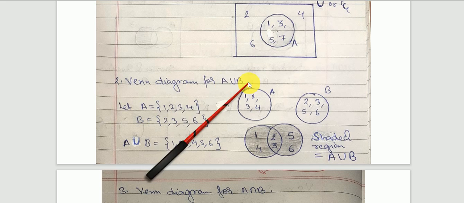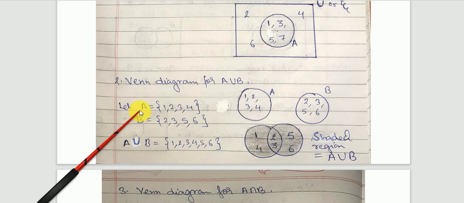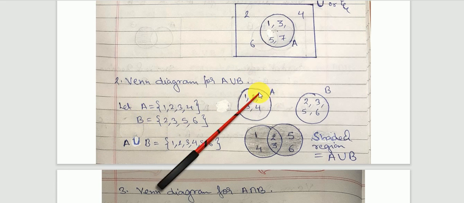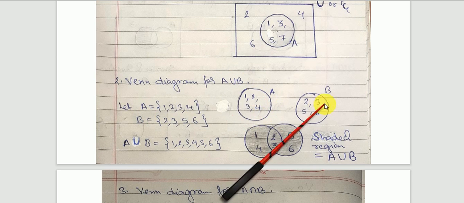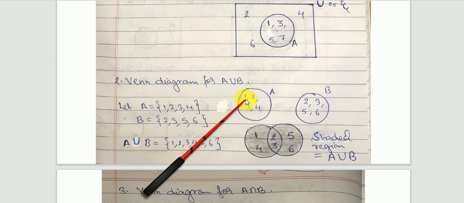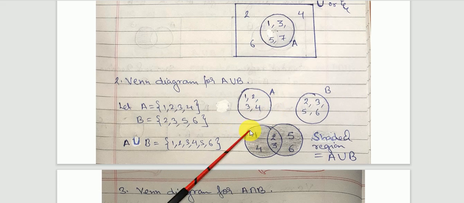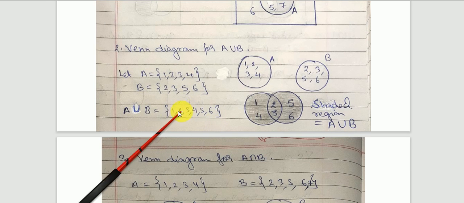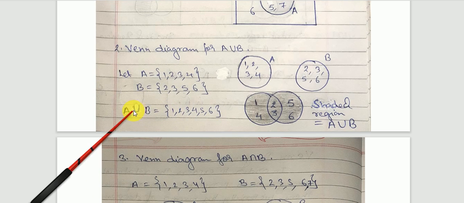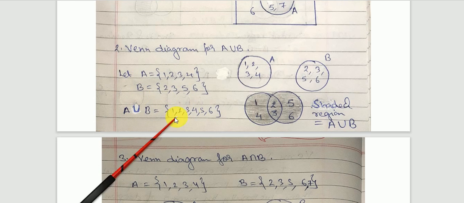Venn diagram for A union B. Here I have taken two sets A and B separately. If you represent A and B, we will represent it like this, and within the circles are the elements. Now A union B means we'll write down all the elements of A and B without any repetition.